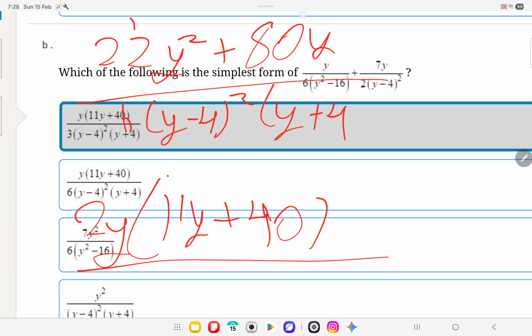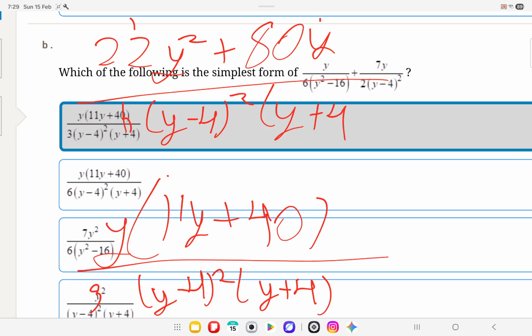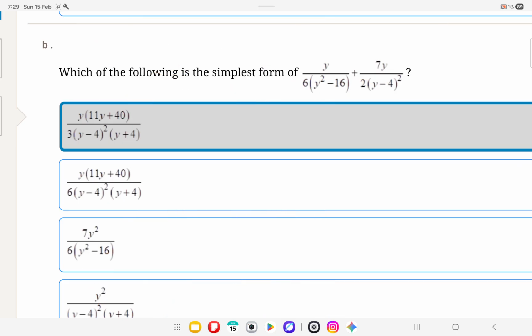So here divided by 2y, here divided by 2y, which is 11y plus 40 over 6 times y minus 4 squared times y plus 4. What can we simplify here? We can simplify 2, it'll become 1, and 6 will become 3, and that's it. It's just y times 11y plus 40 over 3 times y minus 4 squared times y plus 4. So this is the answer.